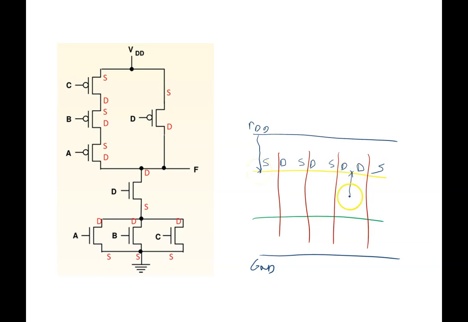Now this is going to be the output F. And then here is a bit complicated, but I know that I have to put 3 in parallel. So SD, DS, SD.